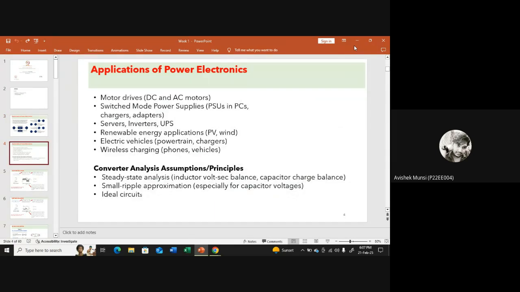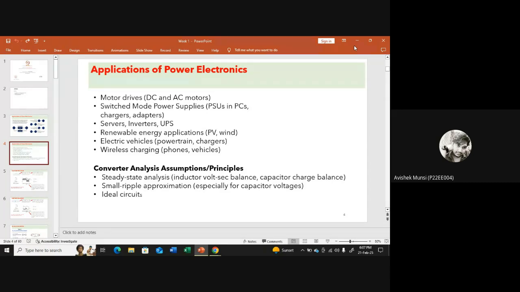Basically, power electronic converters are used in motor drives. The most famous function is that we have to design switch mode power supplies, any kind of power supplies which we are using for the charger, in which there will definitely be a power converter. Okay.